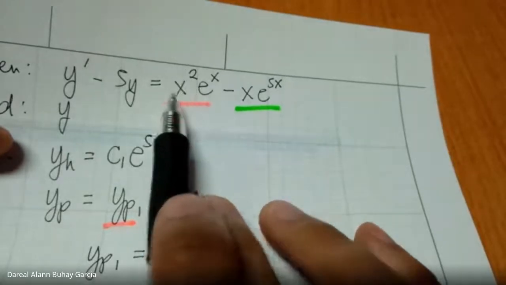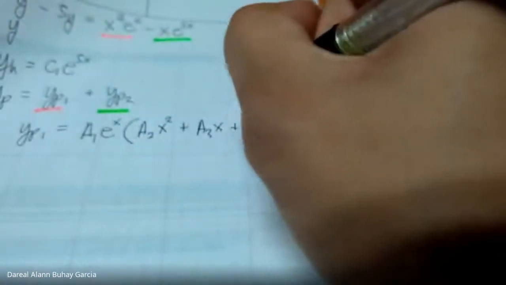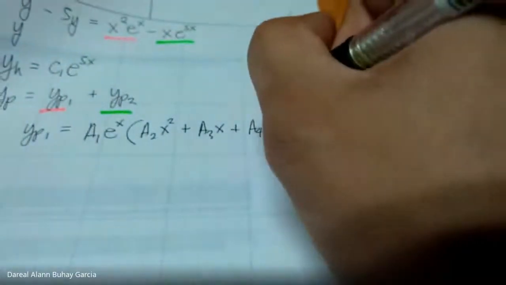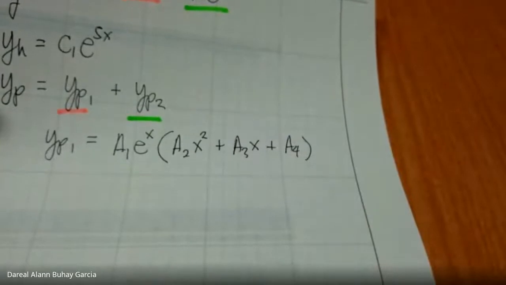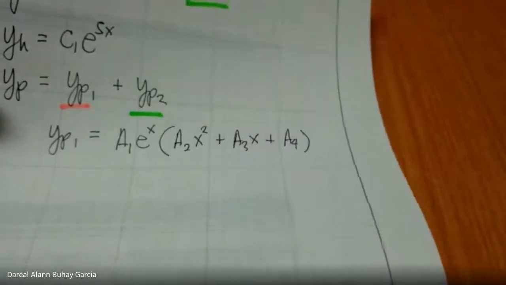Even though it is only x squared, our assumed solution includes the x and constant terms. So, A2 x squared plus A3 x plus A4.